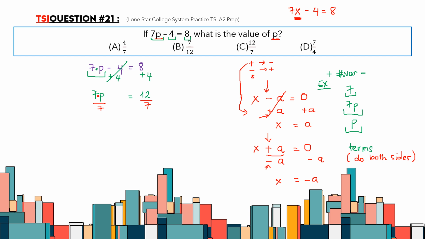If you see multiplication, now we will divide. Divide the same amount, multiply the same amount, and then subtract or add the same amount. If you see division right here, then you will do the multiplication, okay?